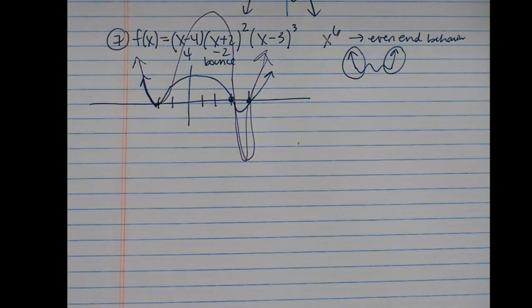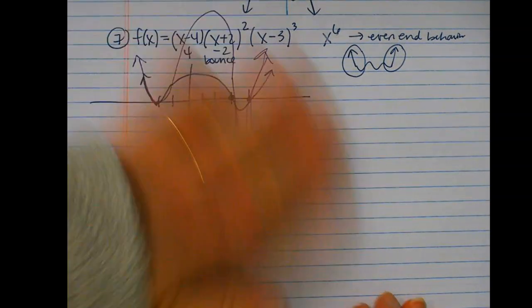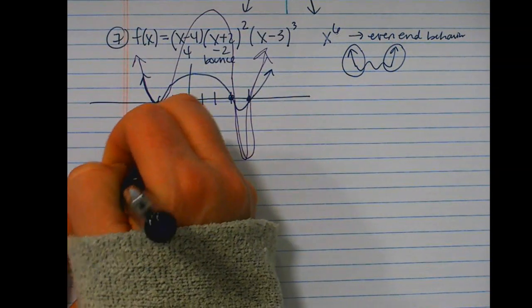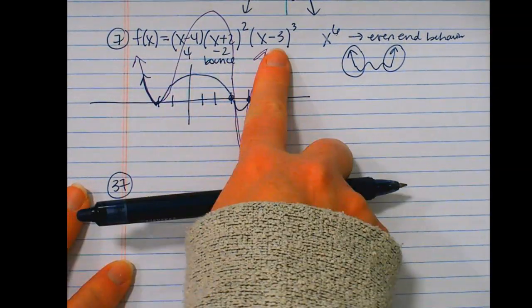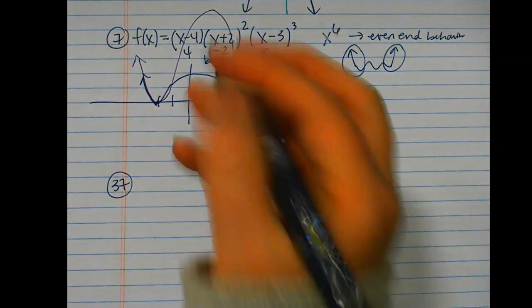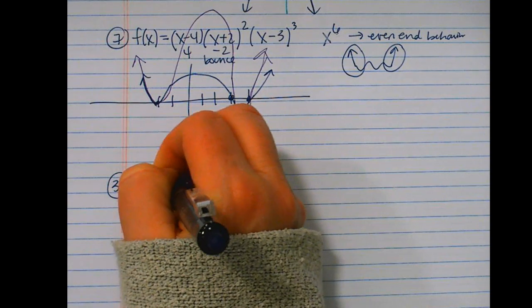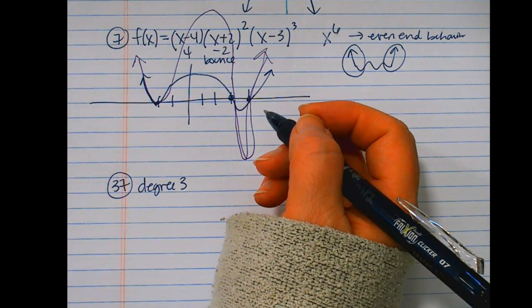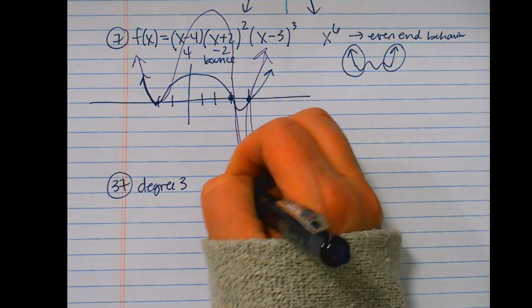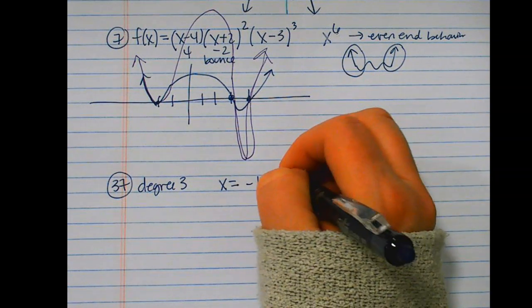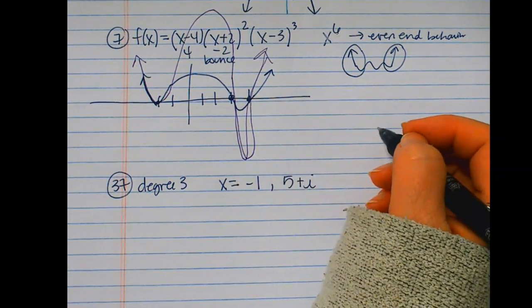37. Okay. So 37 gave you different information. 37 says, hey, find for me the polynomial, not the factored version, but the polynomial that has degree 3, only real coefficients, so no imaginary numbers, x equals -1 and 5 plus i.